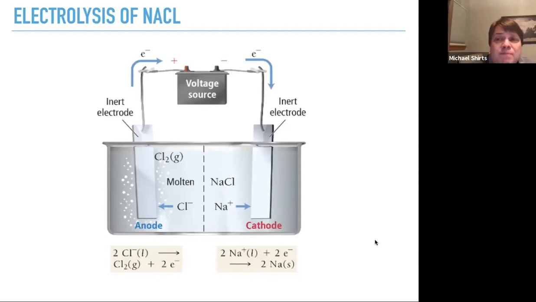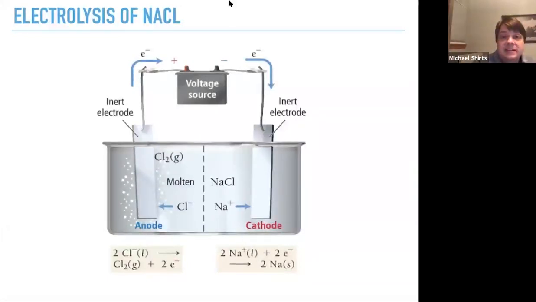Now, these are not particularly likely things to happen. Remember, sodium really doesn't like to be reduced. Chlorine doesn't really like to be oxidized. It would rather have those electrons. So you actually have to apply a fair amount of voltage for this to happen.